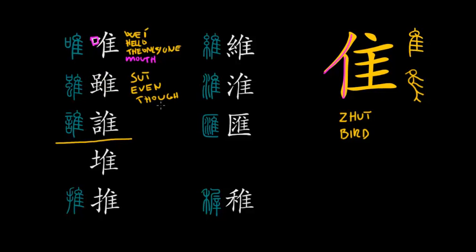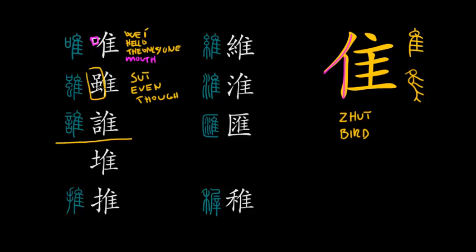So there are two interpretations as to what the phonetic element in this character is. The first interpretation is that the phonetic element is this character as a whole, so it's zhui, right? And then the semantic element is this part over here, which is sort of like a lizard with a big head.